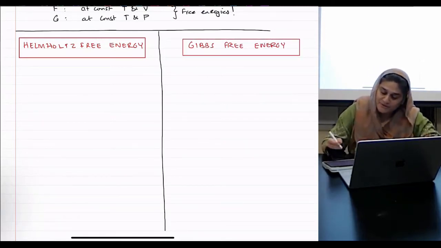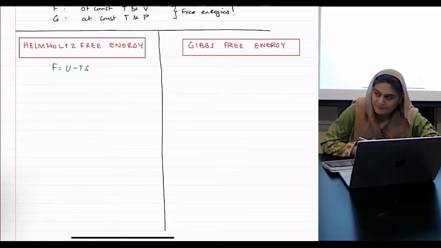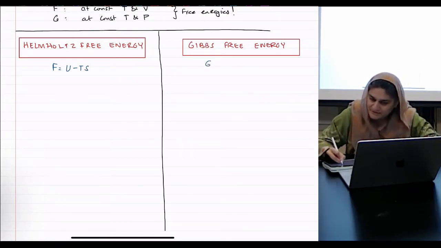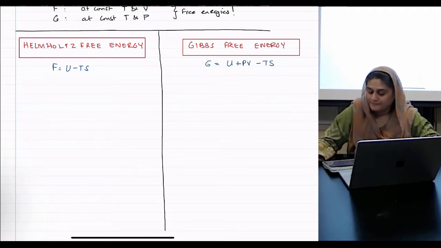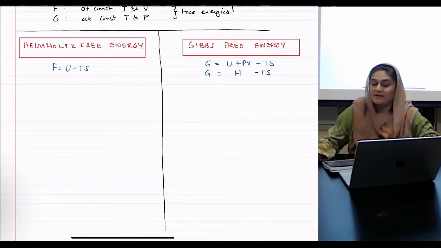Helmholtz energy was defined as what? Good. And Gibbs free energy was defined as? Yeah, true. It should be H minus TS. So you guys can see the similarities.